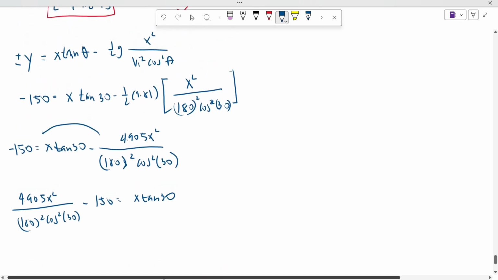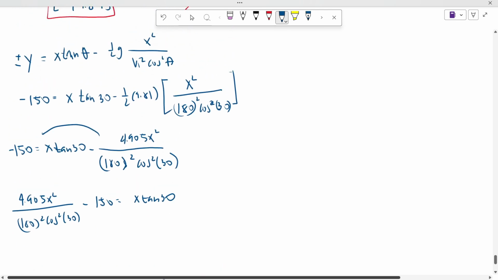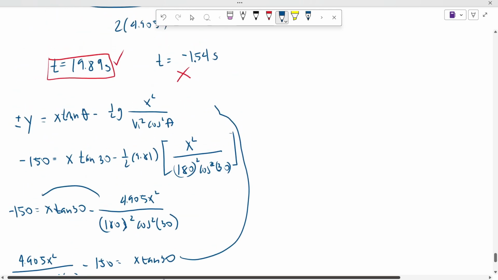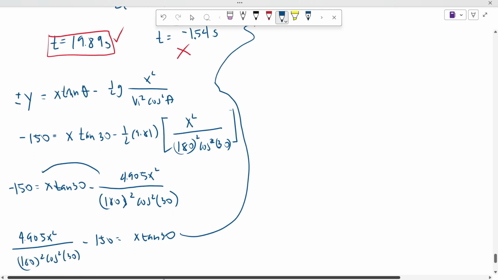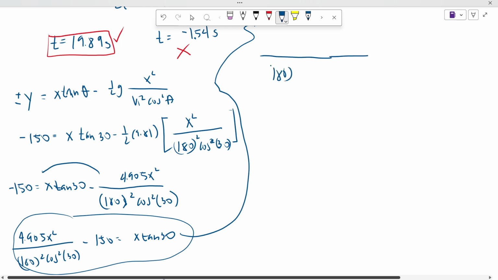So, next, dito natin, guys, kung makikita nyo, get the LCD. So, the LCD of this one will be what? 180, di ba? Continuation niya sa taas. So, the LCD of this one will be 180 squared cosine squared 30.